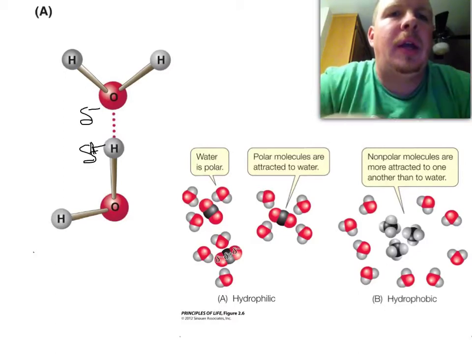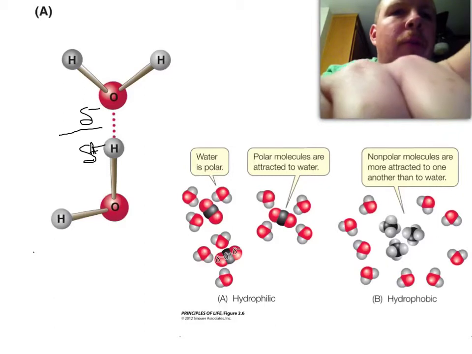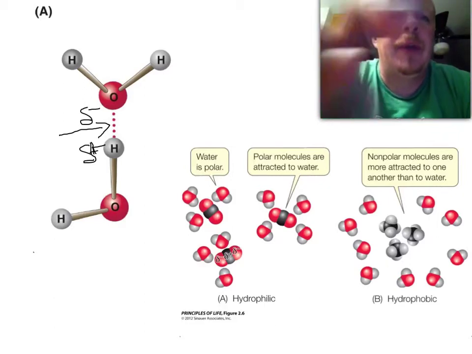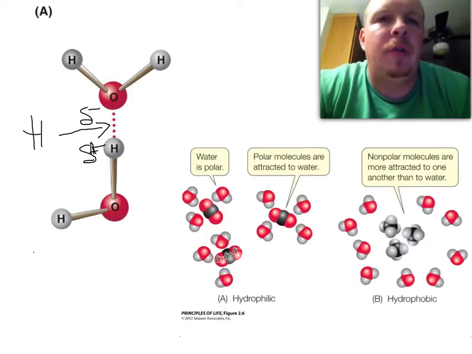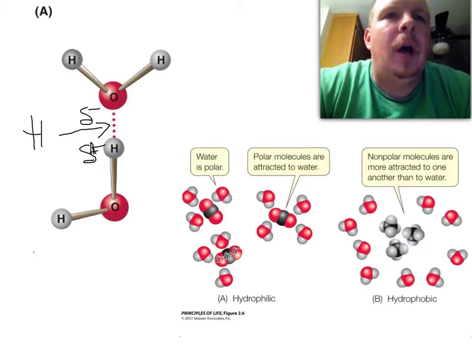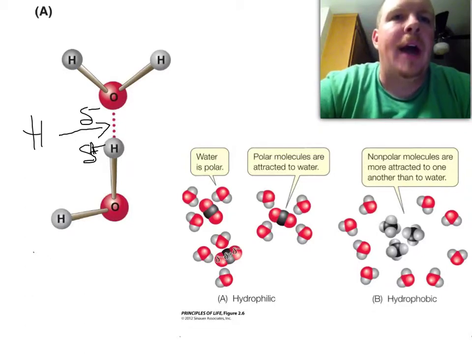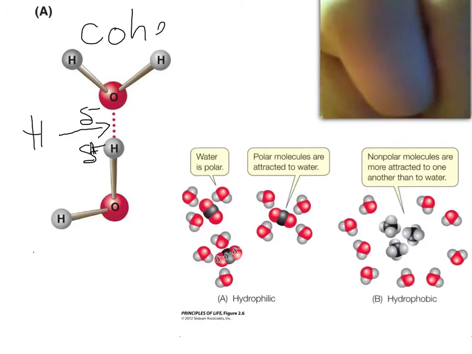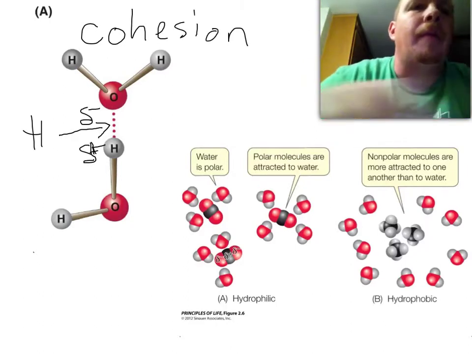When they get close to each other, there's actually a bond that forms right there between 2 molecules of water, and this is called a hydrogen bond. I'll just put H because I don't have enough room to write. So when water attracts to itself, basically another water molecule, that is called cohesion. Ooh, look, my hand is really big because I'm left-handed. Cohesion.